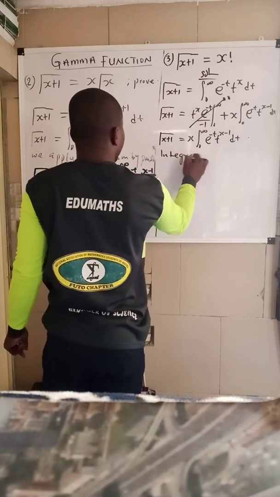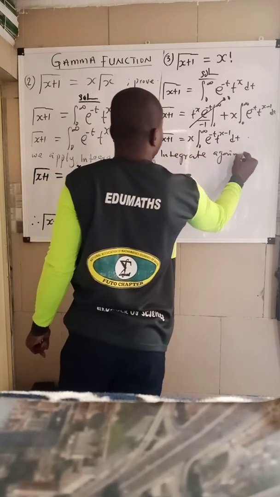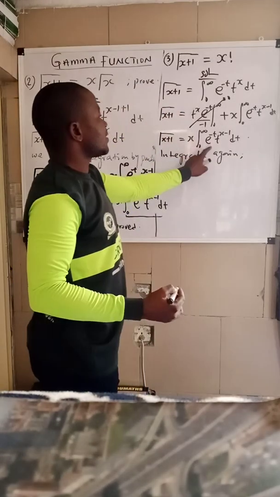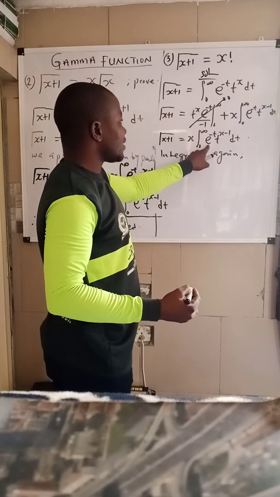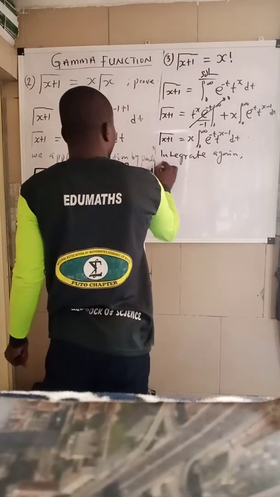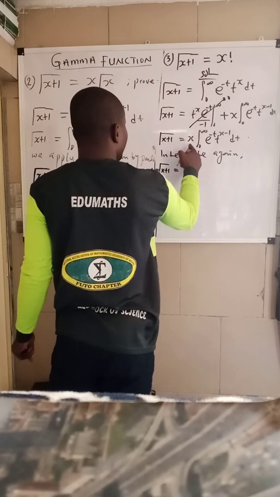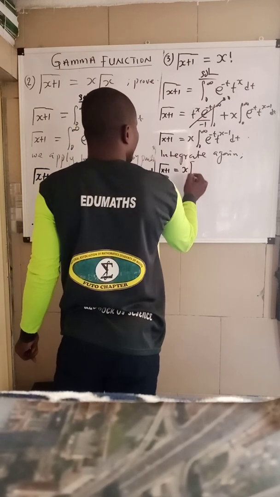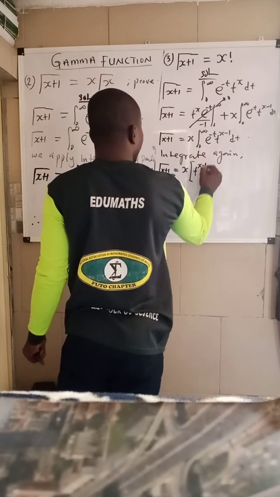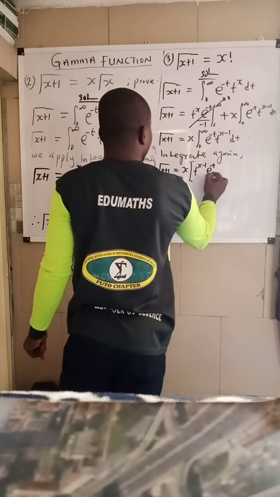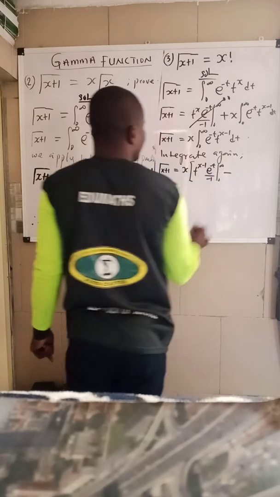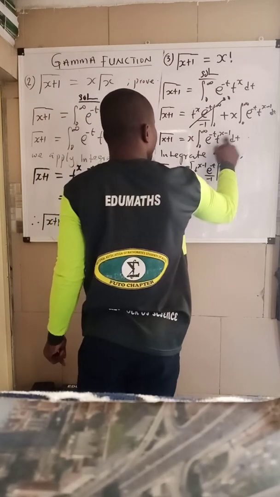So we are going to integrate again. Okay, this is the first integral. We are going to integrate this again, where this is our dv, and this is our u. So we have that gamma of x plus 1 is equal to x, open bracket, now this is our u, t raised to x minus 1, this is our dv, exponential minus t all over minus 1, running from 0 to infinity, minus, then differentiate this.